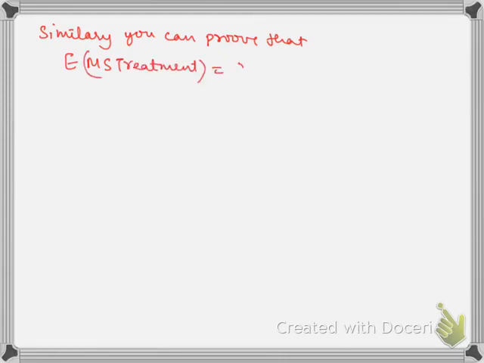Similarly, you can prove that the expected value of mean square treatment is sigma squared plus n times the sum of tau i squared over a minus 1. And that is why the test of hypothesis of no difference in treatment means can be performed by comparing mean square treatment to mean square error.